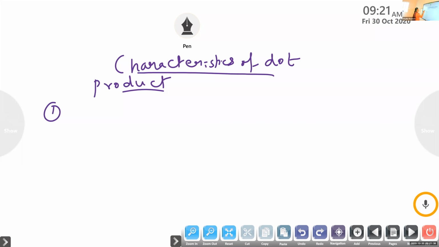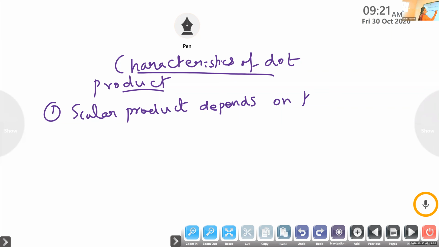So first one, scalar product. Scalar product depends on the angle between the vectors.